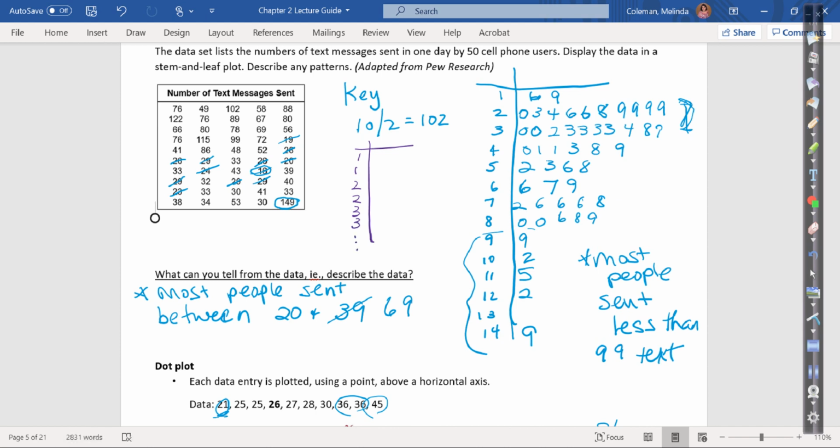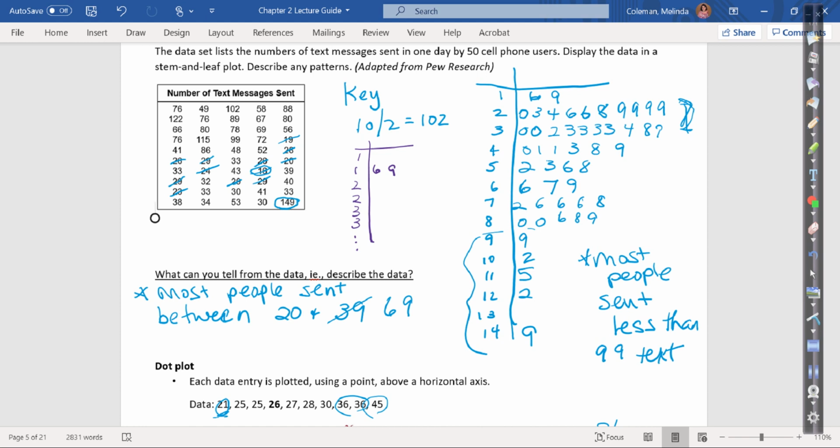So anything less than 5 between 10 and 14 would go in the first group. There wouldn't be anything for the first group of ones, but for the next one we would have 16 and then 19. For the next group, if we split the 20s, 0 to 4 is the first group.